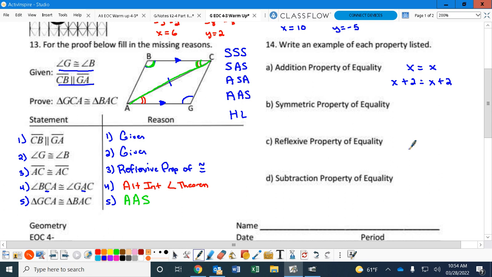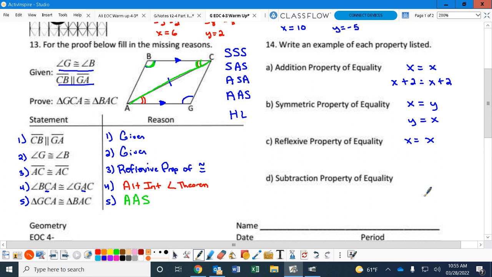Okay. Symmetric property of equality says that if I have x equals y, then that's the same thing as what? Y equals x. Perfect. Y equals x. Oh, you just told me reflexive, guys. Reflexive says that anything is congruent to itself. So if we just say x equals x, that's reflexive property. Anything is congruent to itself.